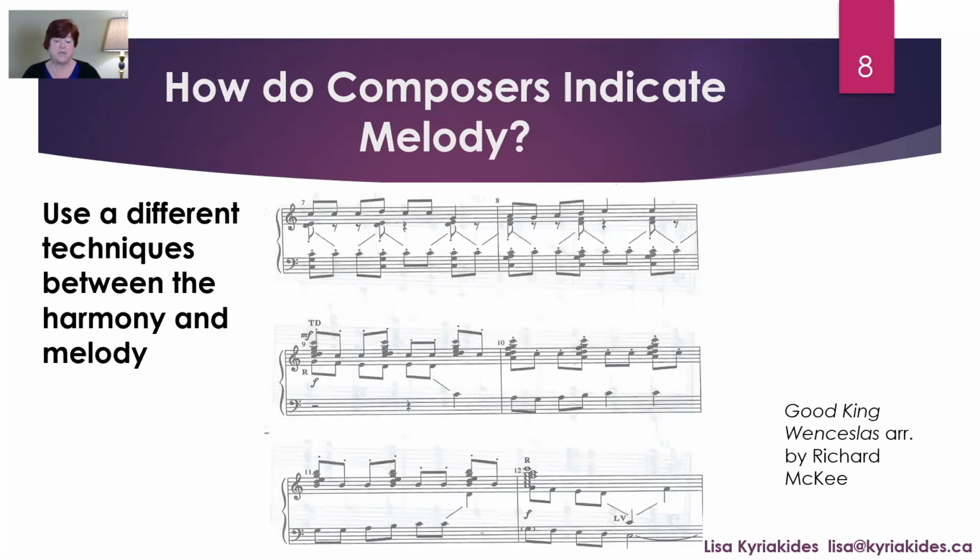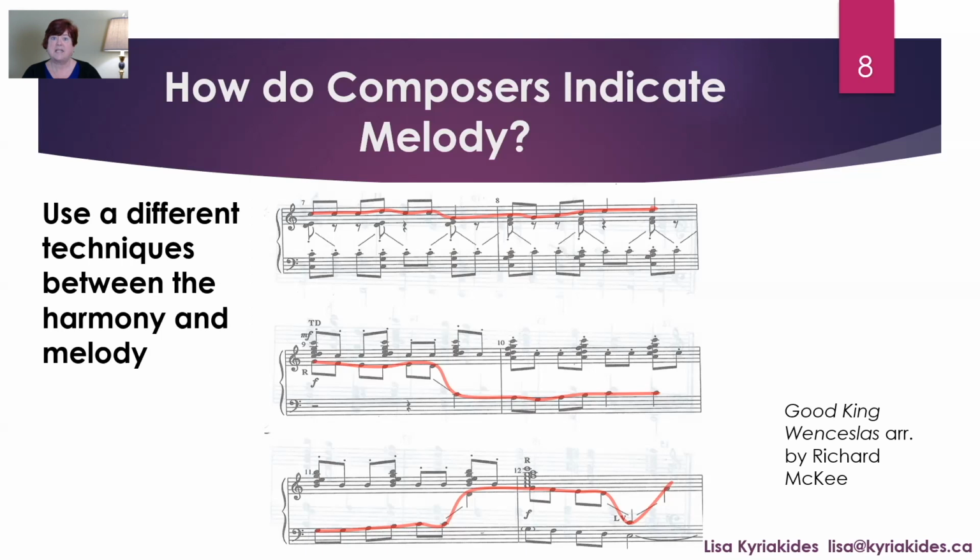Something else the composer can do is use different techniques between the harmony and the melody to make the melody stand out. So in this piece, I've indicated the melody in red. You can see that the melody moves from treble clef at the top, then treble clef at the bottom, and then it moves into the bass clef. And we have those voice leading lines to help us follow where it's going.